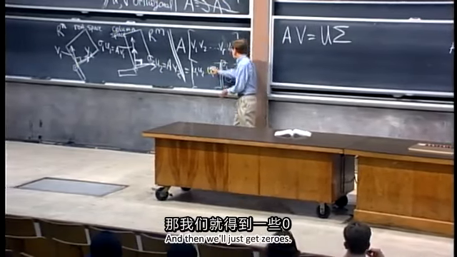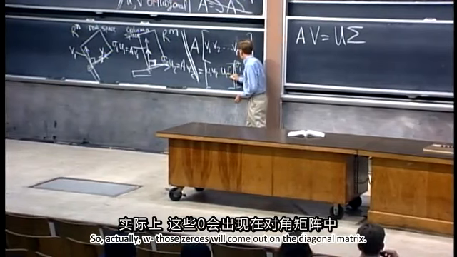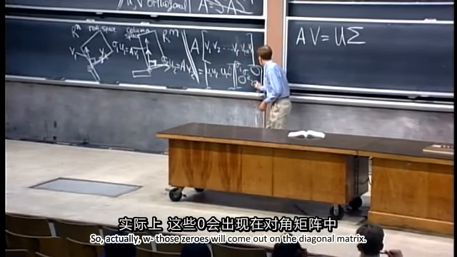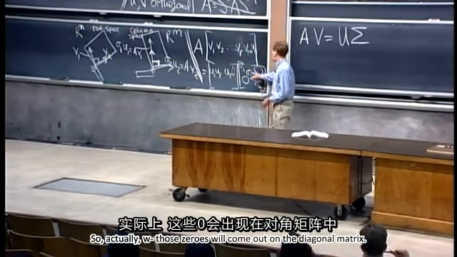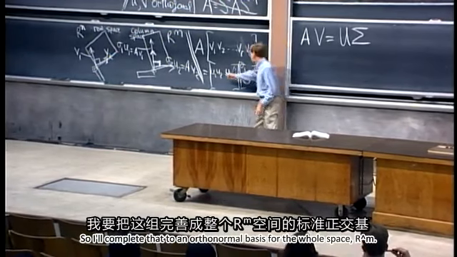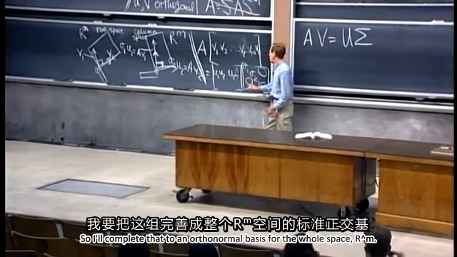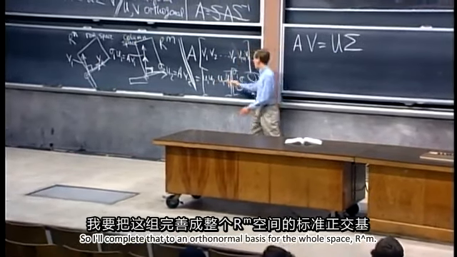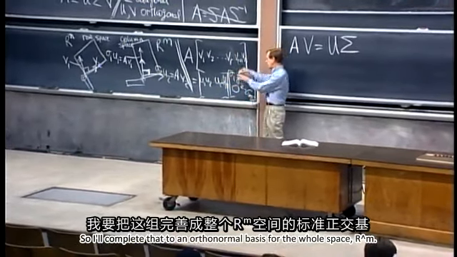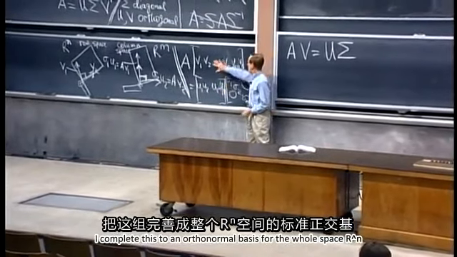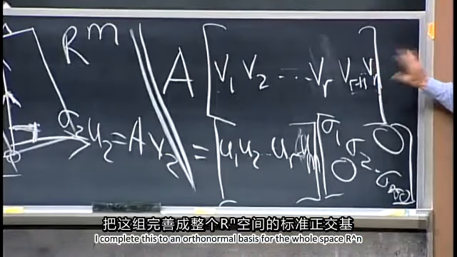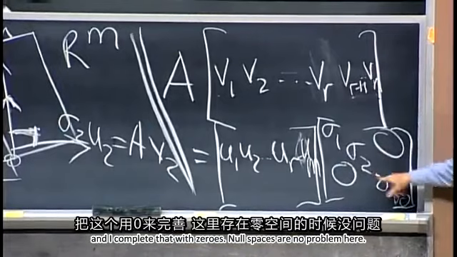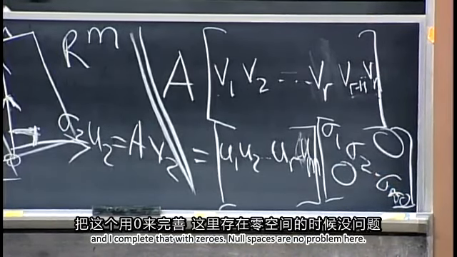And then we'll just get zeros. Those zeros will come out on the diagonal matrix. I complete this to an orthonormal basis for the whole space, Rm. I complete that to an orthonormal basis for the whole space, Rn, and I complete sigma with zeros. Null spaces are no problem here.